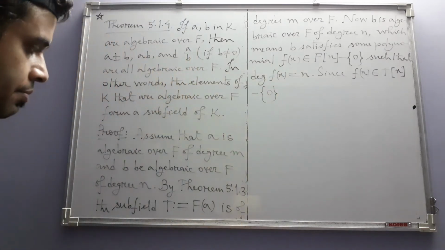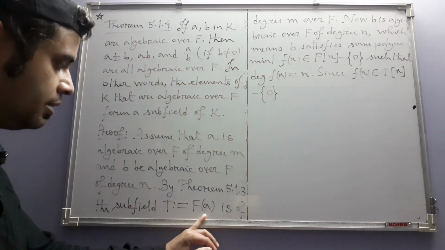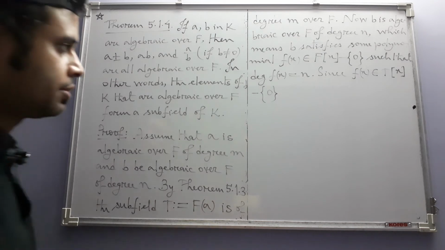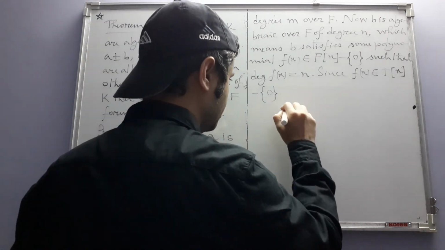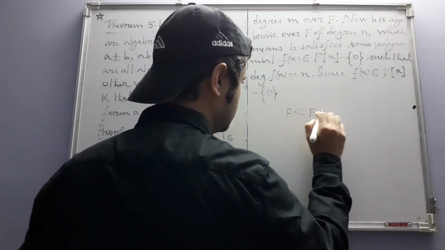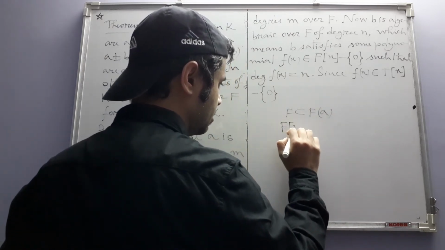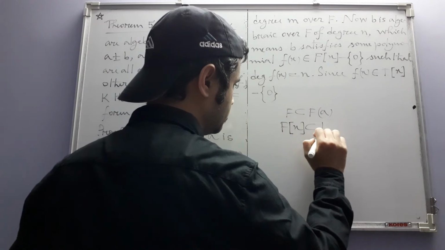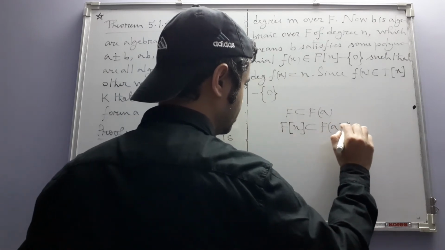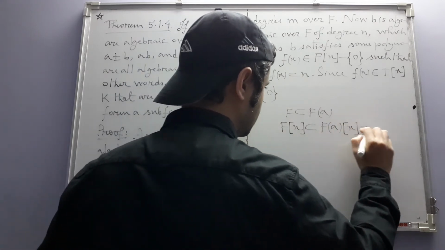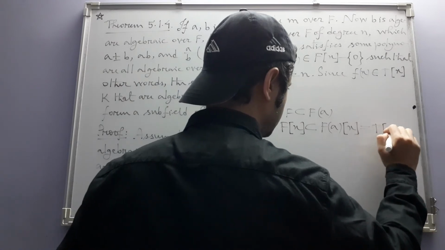Why? You see, T is nothing but F(a), and we already know that F is contained in F(a). So the polynomial ring F[x] is contained in the polynomial ring F(a)[x], which is actually T[x].